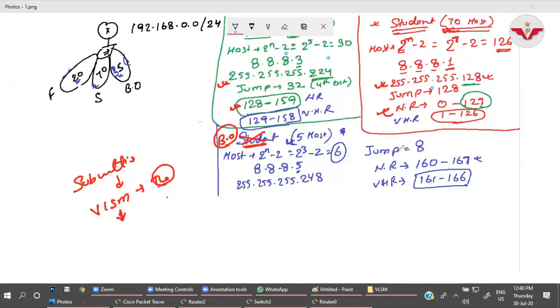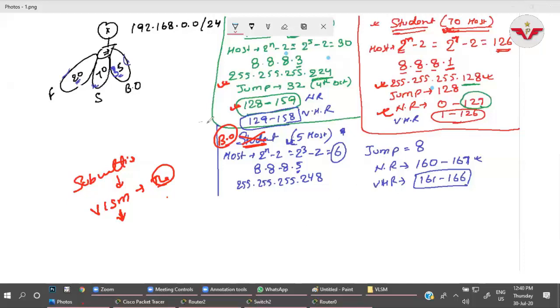So the same thing we have done yesterday, I am going to implement in the real environment, so that you can correlate where exactly and why we do VLSM, and how to use the same IP which we have done on pen and paper in the real environment. That is why I have taken this example.